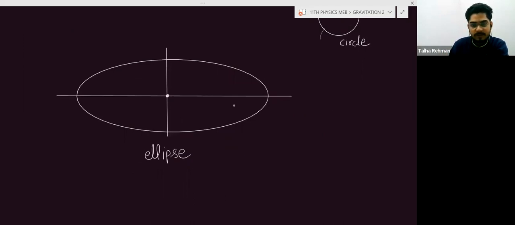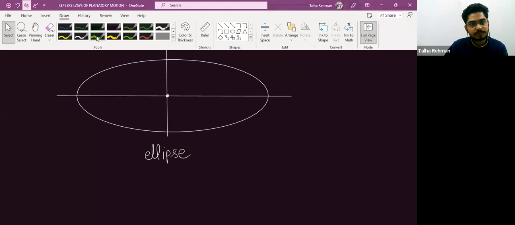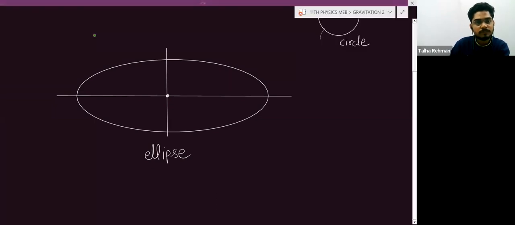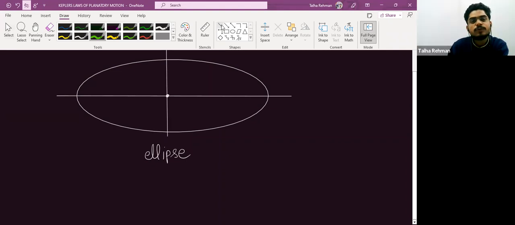This is the center, and at a distance of A into E. I will tell you what A and E are. So first I should tell you what A and B are. E is the eccentricity.